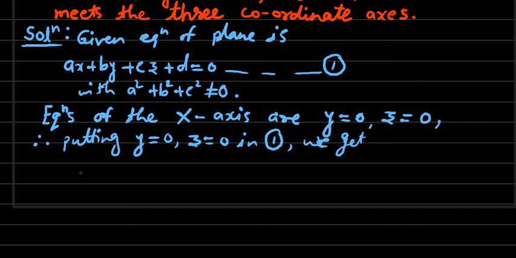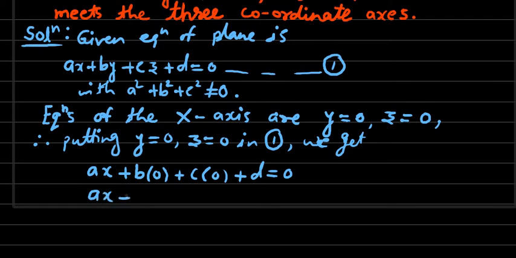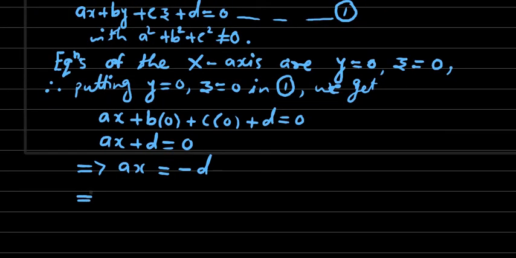Therefore we will get a into x as it is plus b into 0 plus c into 0 plus d equal to 0, which is nothing but simply ax plus d equal to 0, which implies that ax is equal to minus d, and that x is equal to minus d by a.